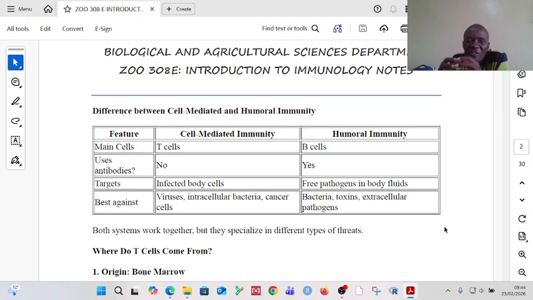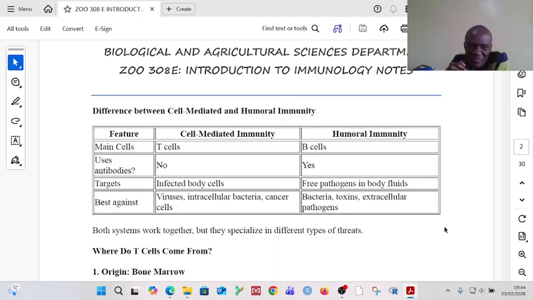Cell-mediated immunity, driven by T cells, targets a cell which has an infection inside, which has a pathogen inside it. But humoral immunity, driven by B cells, which produce antibodies, targets pathogens which are found circulating in the body fluids.